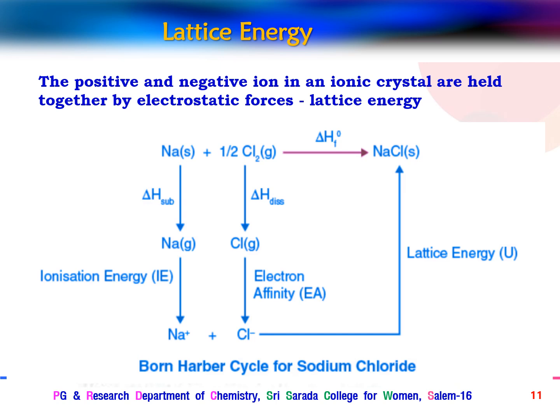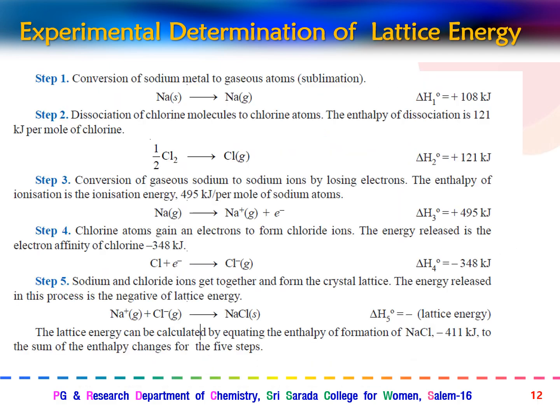These Na+ and Cl- ions are held together by electrostatic forces, which is nothing but lattice energy, represented by the symbol U, and it results in the formation of the NaCl ionic compound. Now, let us see the various steps involved in the determination of lattice energy.